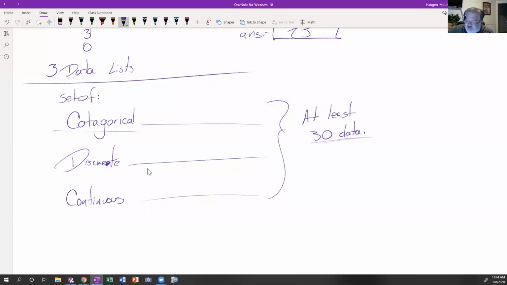So you'll need these for not only the first lab, but as we go along, the labs will often ask you to grab your set of data. And you'll be able to use either these data that you grab for this lab, or you can use new data if you want. But it's nice as we go through the course for you to collect data about some things that you find interesting or compelling.